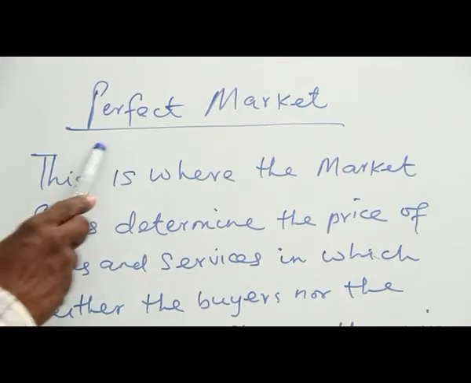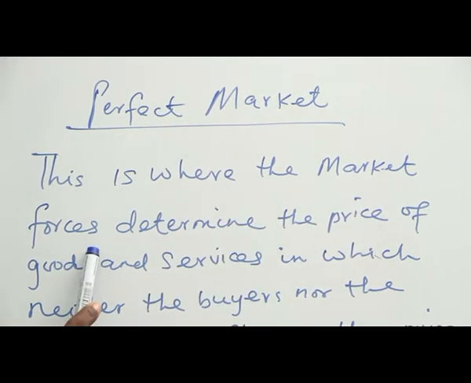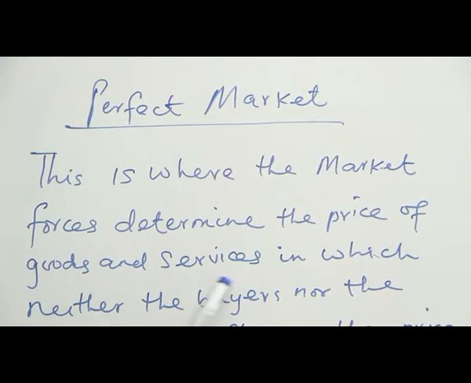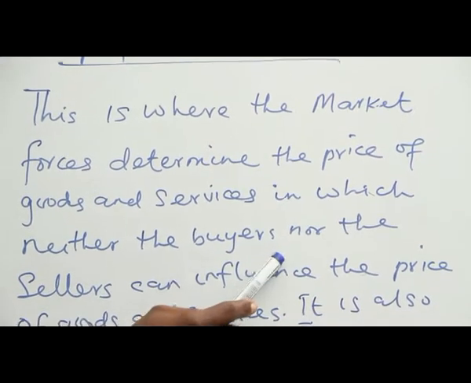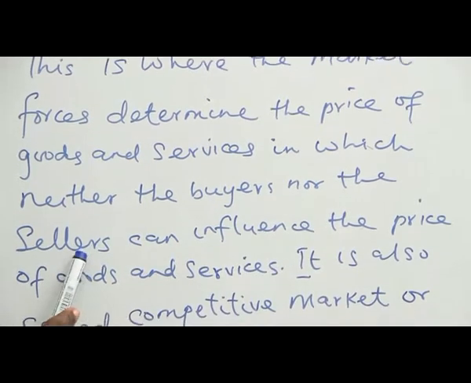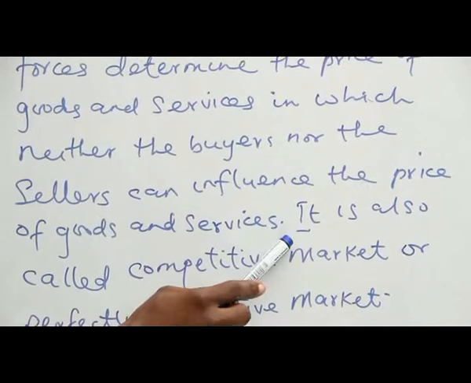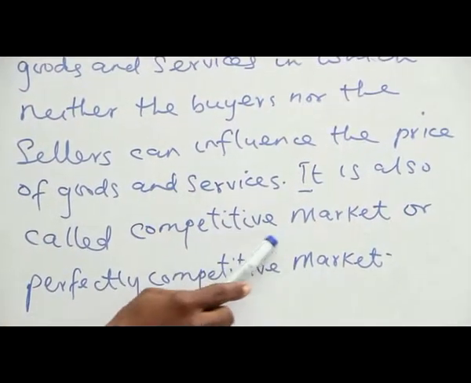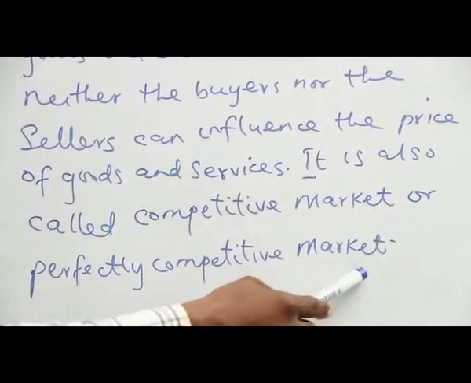Perfect market. This is where the market forces determine the price of goods and services, in which neither the buyers nor the sellers can influence the price of goods and services. It is also called competitive market or perfectly competitive market.